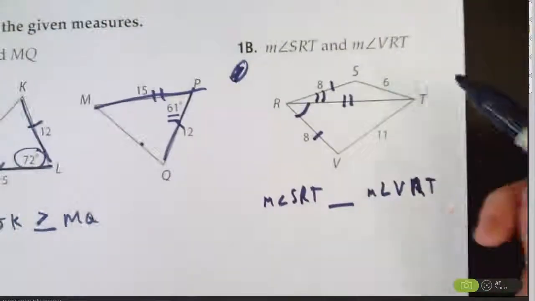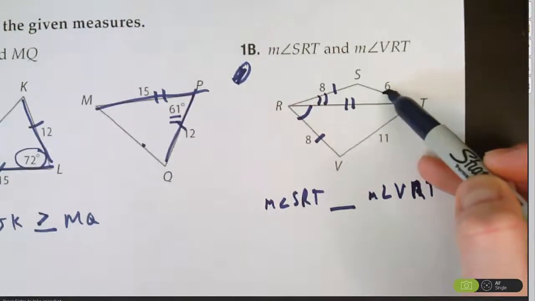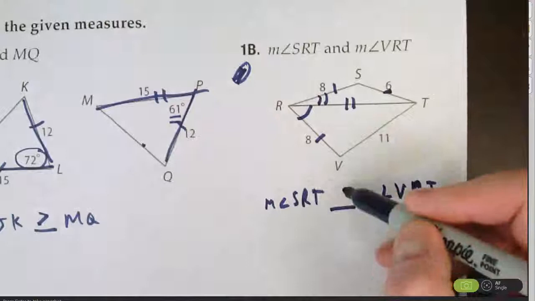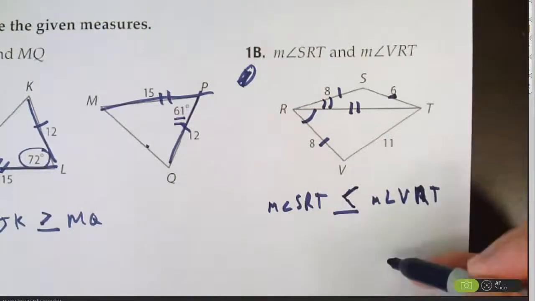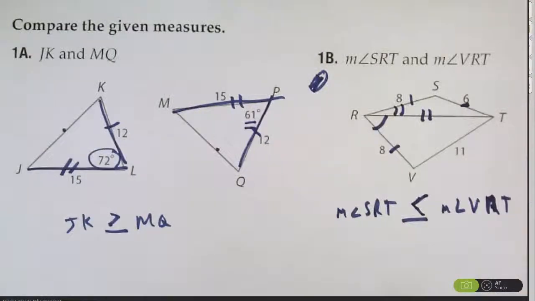Here's the key. Angle SRT is opposite the smaller side, so angle SRT has to be less than VRT. So that's one way to use the hinge theorem, and the converse is basically just comparing two triangles.